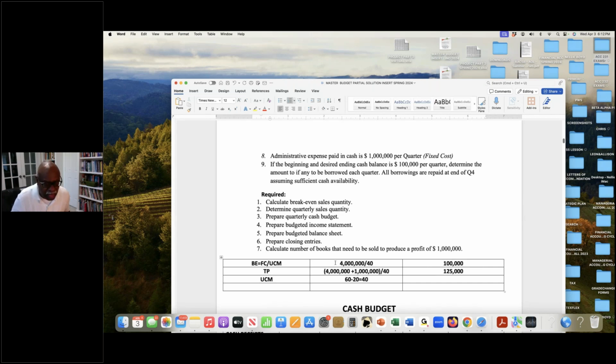So we have the fixed cost of 4 million. We calculate the selling price as 3 times the cost, contribution margin 40, and then we divide the 4 million by 40 to get 100,000 in the break-even year.